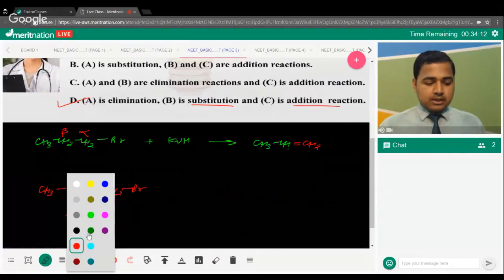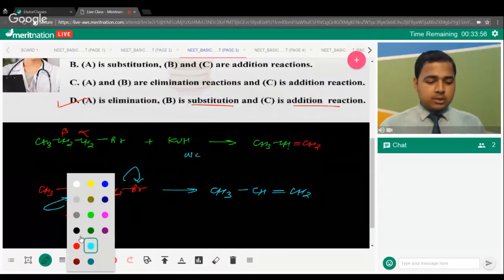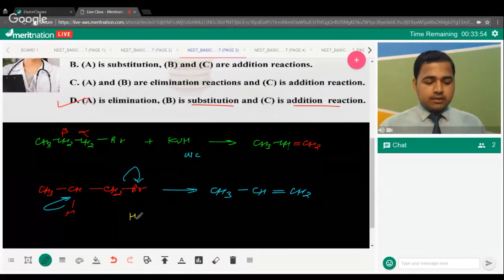We are using alcoholic KOH right now. This bond is going to break towards this, and this bond is going to break towards this. Simultaneously it will be CH3, CH double bond CH2, and it releases H plus and OH negative. We have the reagent K plus and OH negative.